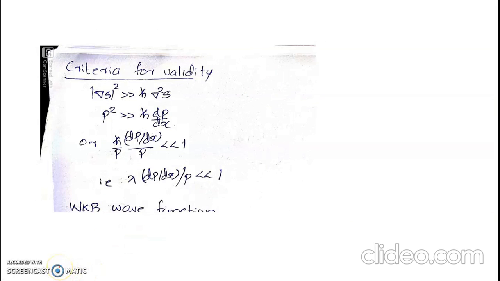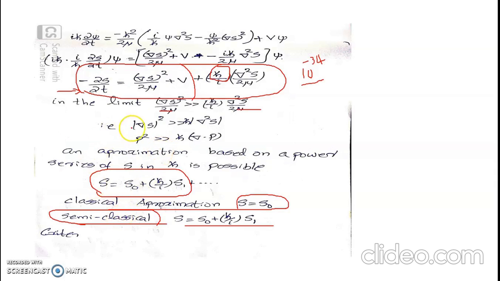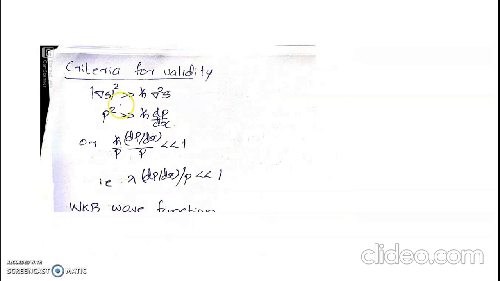Now we will see the criteria for the validity of the approximation. This we have already come across while discussing the principle of the WKB method. We have seen that the WKB method is valid when this criterion is satisfied: (∇S)² is much greater than ħ∇²S.